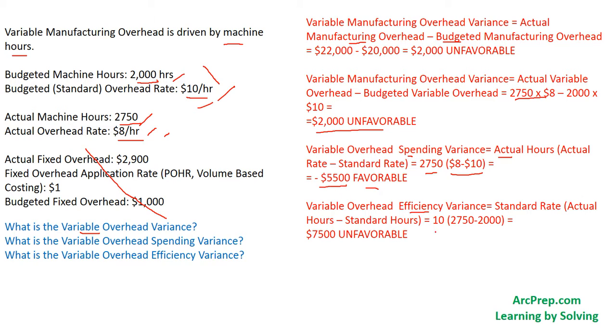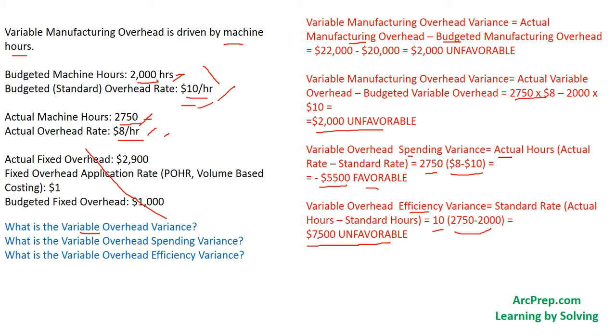On the efficiency side, we are multiplying the standard rate, $10 per hour, by the difference of actual hours and budgeted hours. So 10 times 2,750 minus 2,000 gives us 7,500.